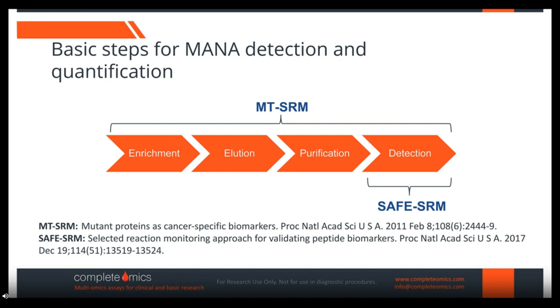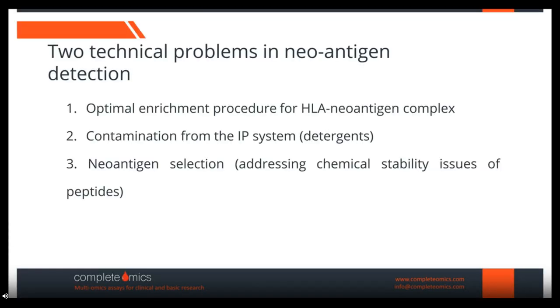If you think about the detection of neoantigens, there are really just three different difficulties that you want to solve before you can make a major improvement.